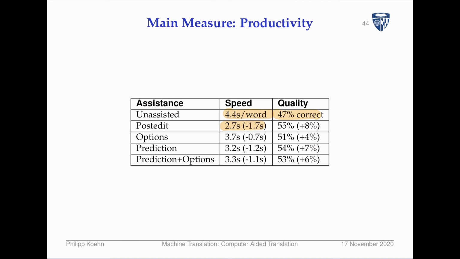They were a little bit slower with prediction, even slower with the options. With both prediction and options, somewhere in the middle, but they were definitely the slowest unassisted. Quality generally went up when assisted, although not all that much.